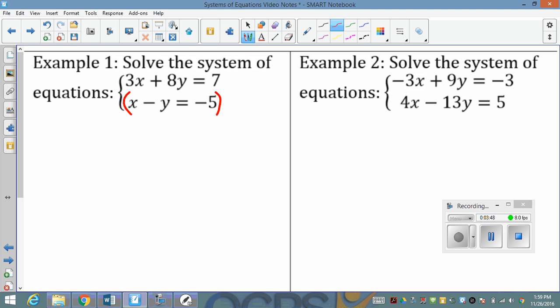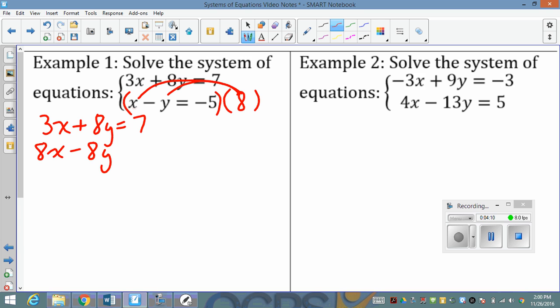In order to do that, I'm going to multiply the second equation by 8. So my first equation will stay the same. My second equation, I'm going to multiply everything by 8. So 8x minus 8y equals negative 40.